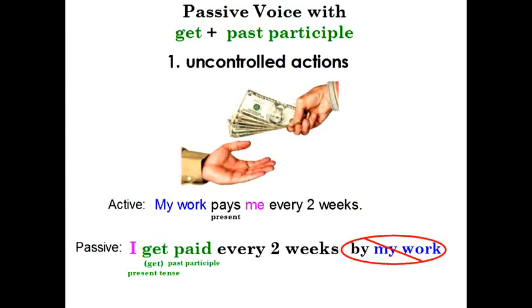And again, by my work is not important, it's obvious, I don't need to say it. But let's notice that in my active sentence, I'm saying my work pays me. I'm using the present tense there. Now in the passive voice, again, I'm using I get in the present tense, and then the past participle paid. So I get paid every 2 weeks, okay? So that's an example of an uncontrolled action.